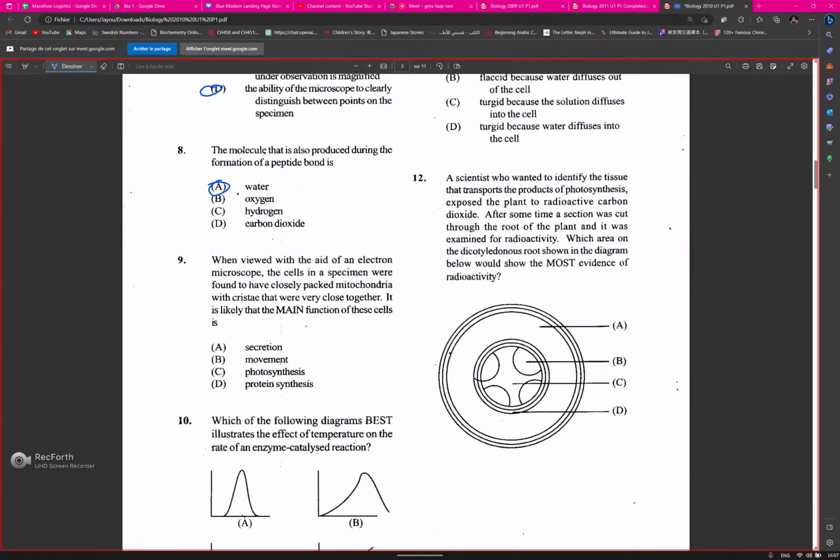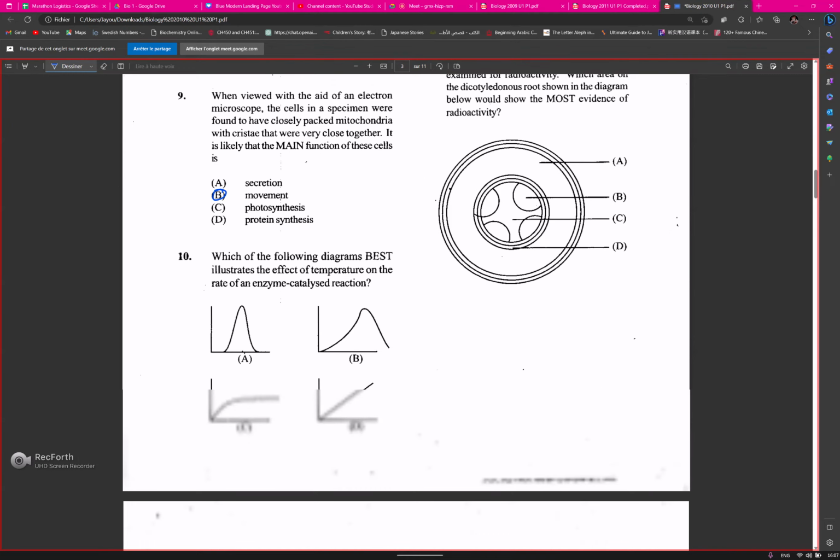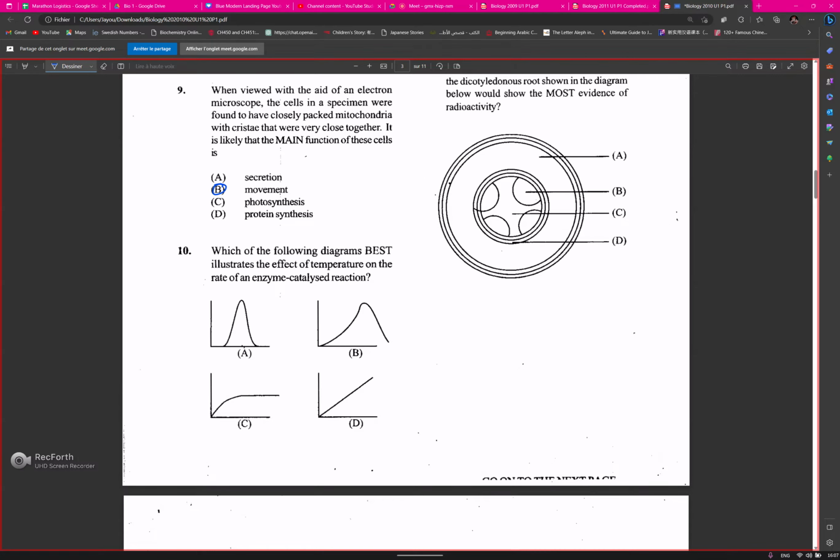It is likely that the main function of these cells is movement. Alright. 10. Which of the following diagrams best illustrates the effect of temperature on an enzyme catalyzed reaction? Alright.